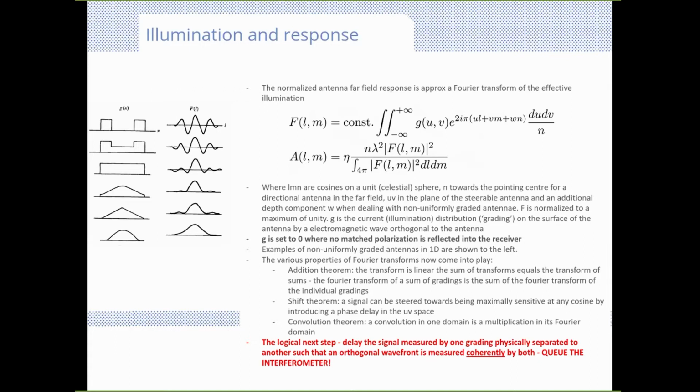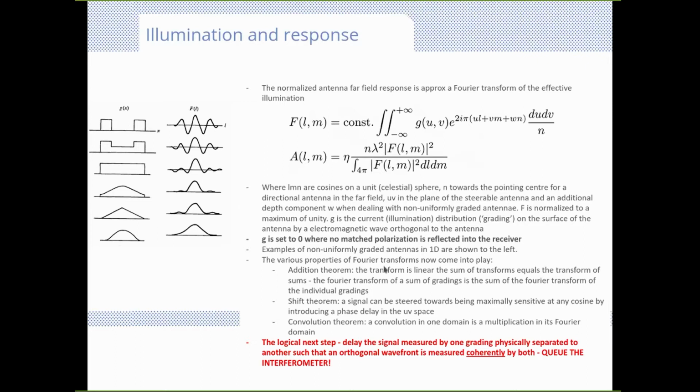If we look at this grading pattern here at the top in the first example, which is basically just two boxes physically separated, where there's essentially no reflecting area, so there's no current, right? This starts to resemble how we can construct an interferometer using bits of grading function that are physically separated.